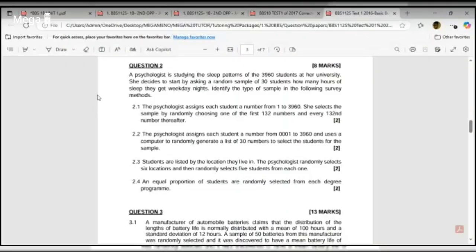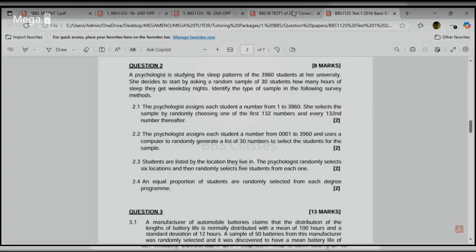Then tell me which sampling method this one is, and which sampling method this one is. Just state this is random, this is what. Then I see that you have understood the sampling methods.